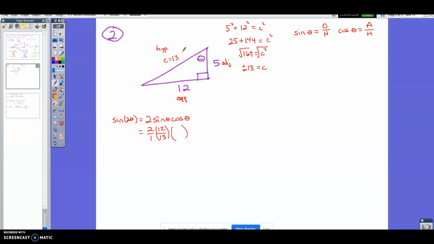Cosine is the adjacent over hypotenuse. So then we multiply across. 2 times 12 is 24, times 5 would be 120. And then 1 times 13 is 13, times 13 is 169.